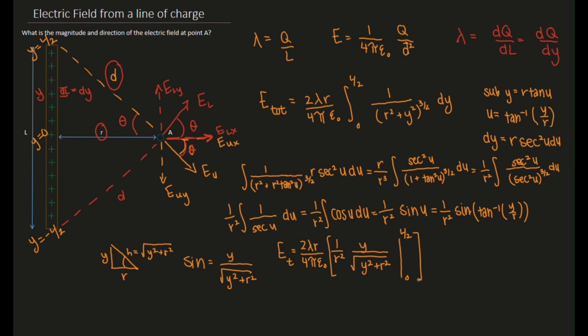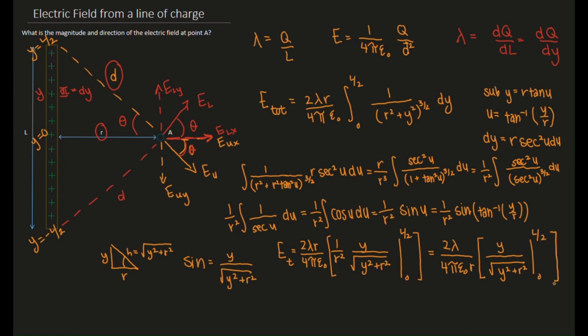I can pull the r's out because this is a constant. So this simplifies to 2 lambda over 4 pi epsilon naught r, multiplied by y over the square root of y squared plus r squared, evaluated from 0 to L over 2.